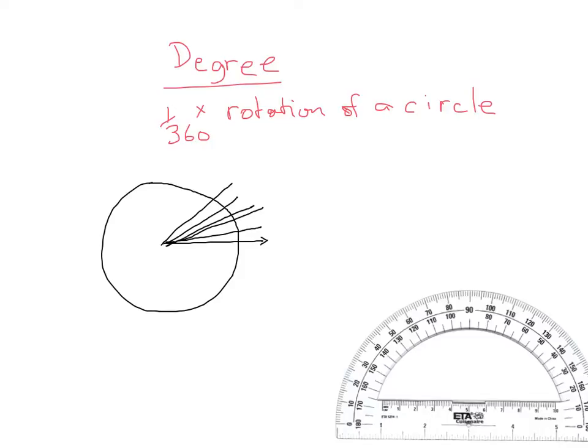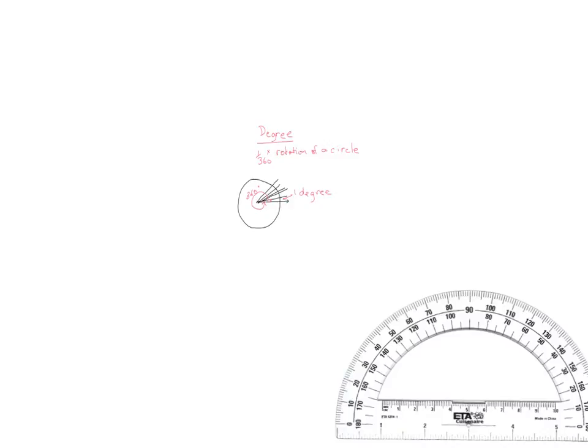So imagine that there were 360 little pieces here. Each one of those pieces represents 1 degree. All right, so there are 360 degrees, and that's the degree symbol here, in a full rotation.